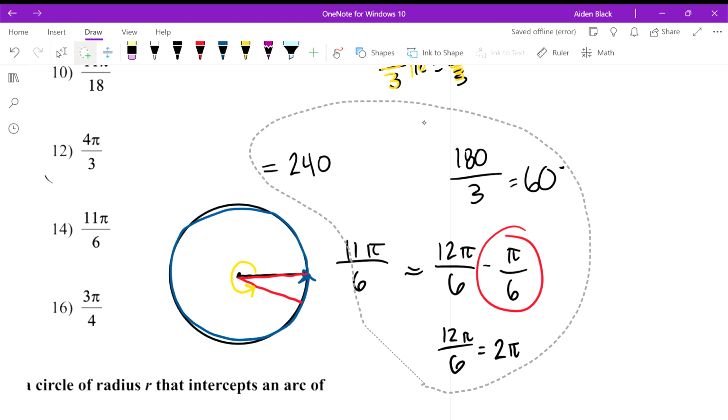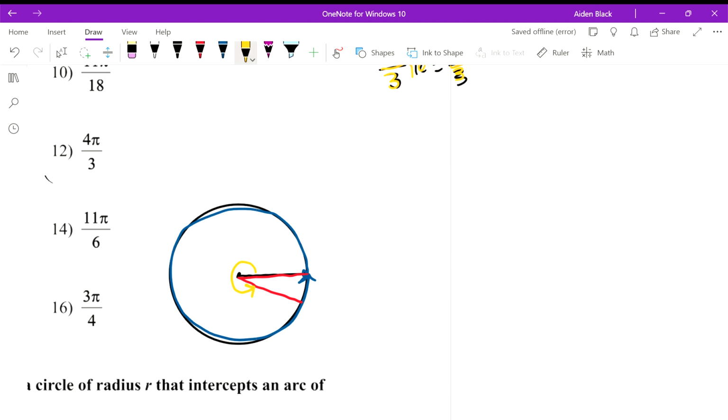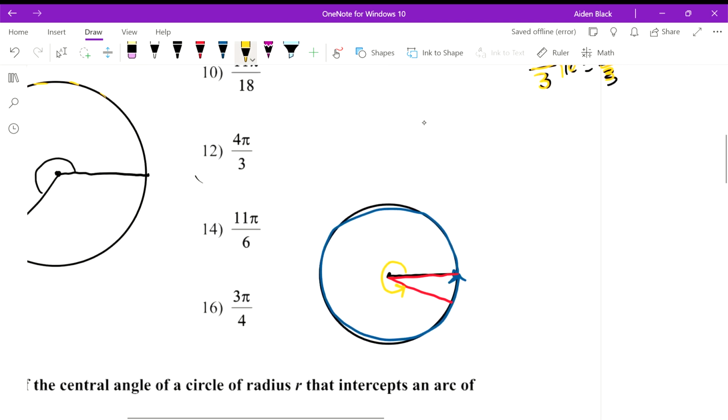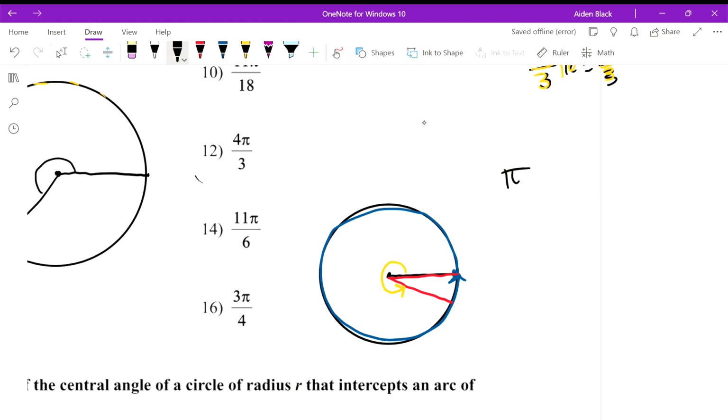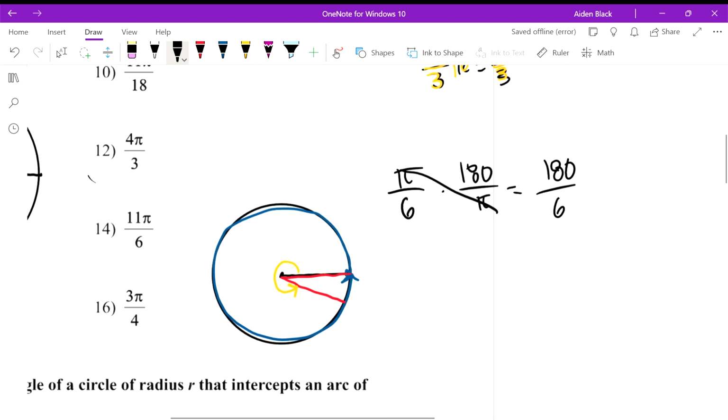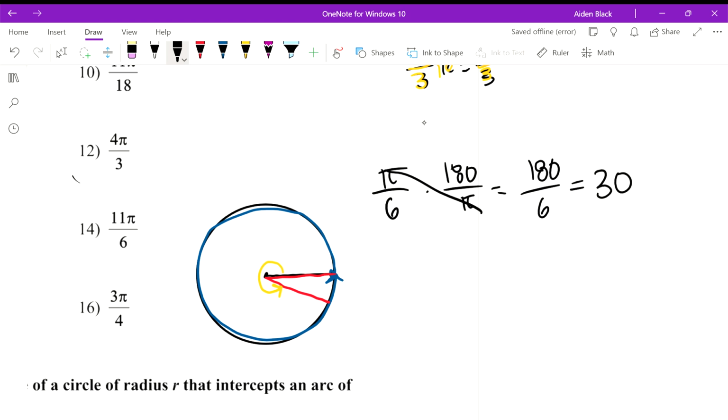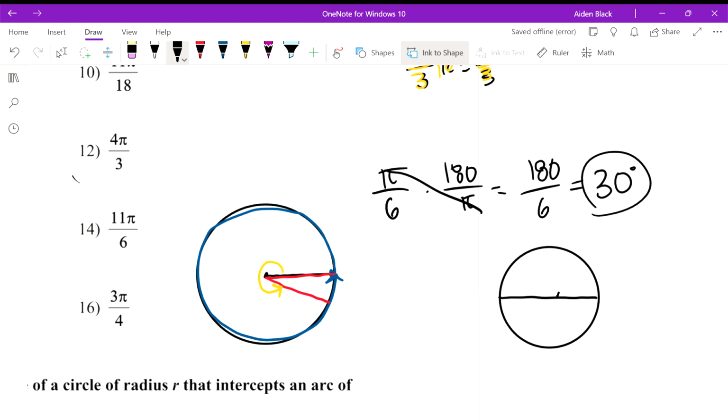Now you could say, okay, well pi sixths is, let's do this in black. This cancels, we get 180 divided by 6, which gives us 30. See, and this makes sense, right? Because if you looked at the half circle, you said this is 180 degrees.